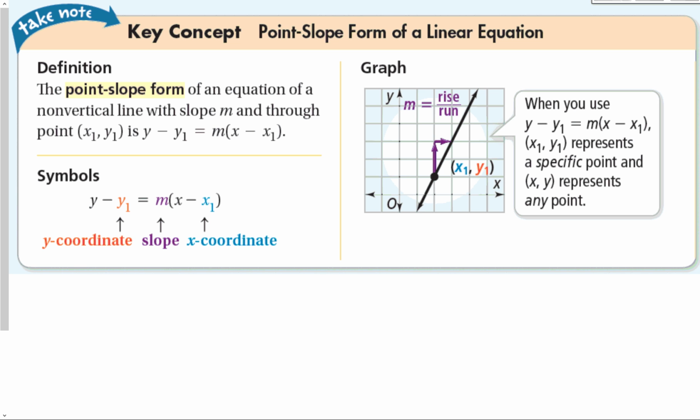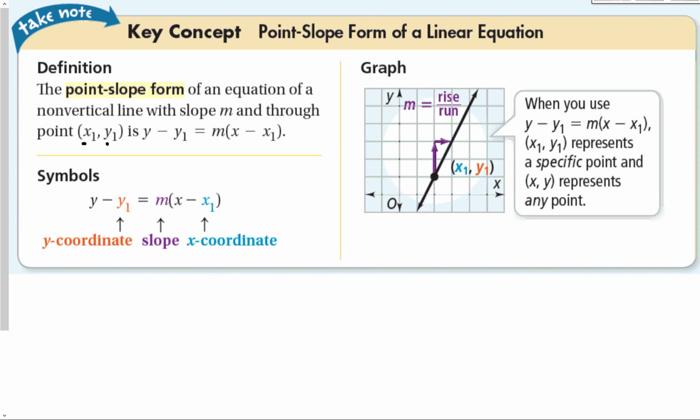And to do that, I'm going to need an equation. So the point slope form of an equation of a non-vertical line with a slope of m through x1, y1, that specific point, is y minus y1 equals m times x minus x1.